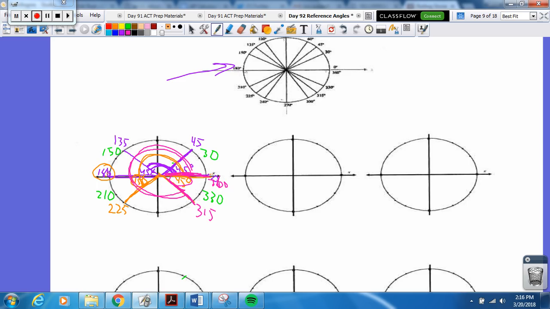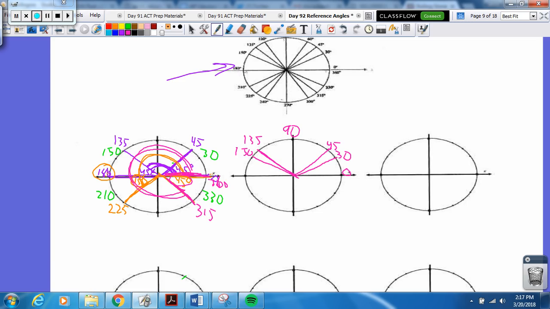Okay, so let's take stock of where we're at. On a new one, we got 0. We know that. This is 30. This is 45. Bam. We know this is 90. And this is another 45-degree reference angle. This is 135. We also have 150 right here. That's a 30-degree reference angle.